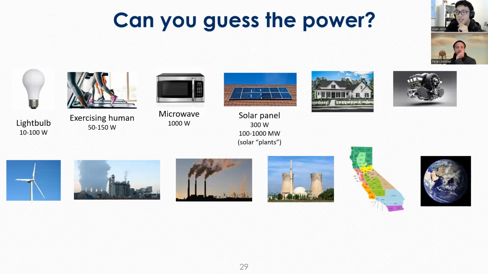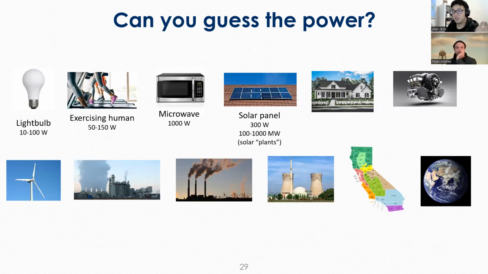Solar panels, so if you are talking about a single panel, you might see these things on your common rooftop, you might be on the order of about 300-ish watts for a panel. But you've also seen these solar, we'll call them solar plants, right?